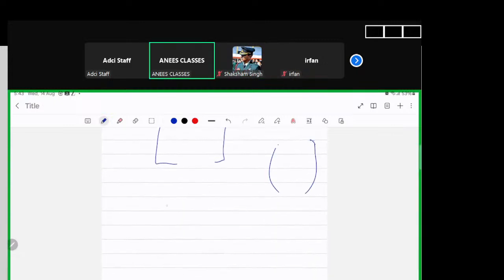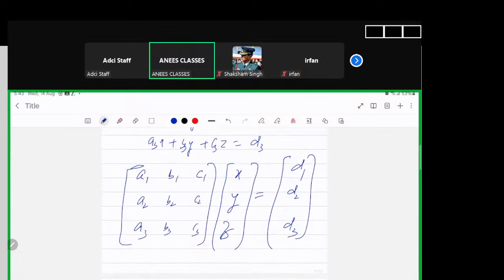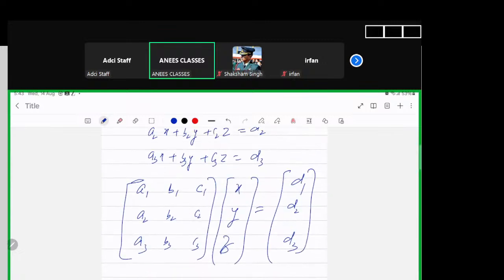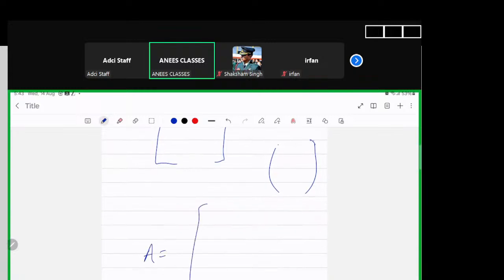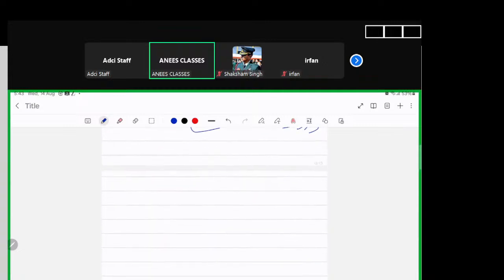Now you can see here, in matrix A, the name of a matrix is generally represented by a capital alphabet. So A1, B1, C1, A2, B2, C2, A3, B3, C3, right? So this has 3 rows, 3 columns.